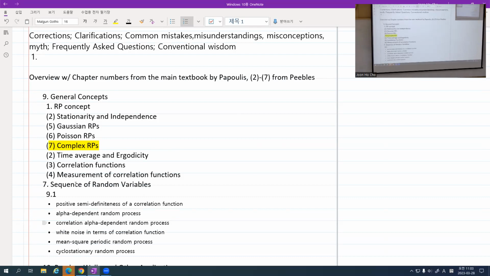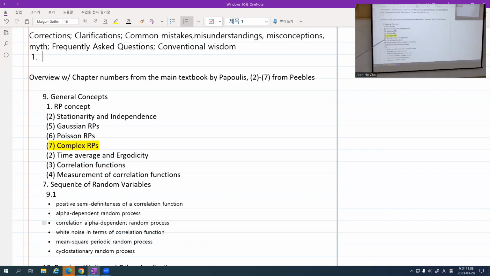I have found Peebles' ordering is not that logical, and also Papoulis' ordering of materials is not logical, so I tried to combine, but I also found that my ordering is not yet logical, so I don't know what to do. But anyway, we are here, okay?